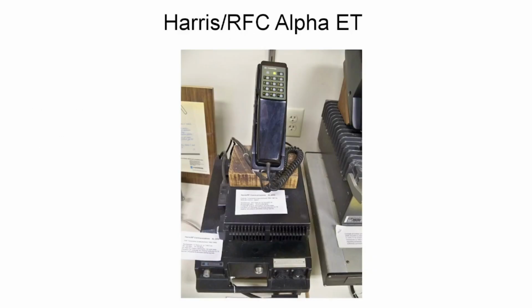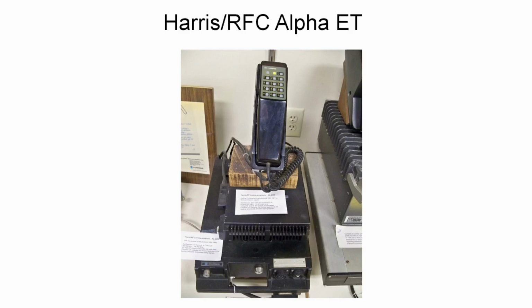So here's that unit, the Alpha 40 control head on the top. There's a cellular mobile in the middle, and then the Alpha 2000 VHF or UHF IMTS transceiver on the bottom. The control head was like having a two-line phone, and you could program it to say what was the optimum service, such as cellular is my preferred service.